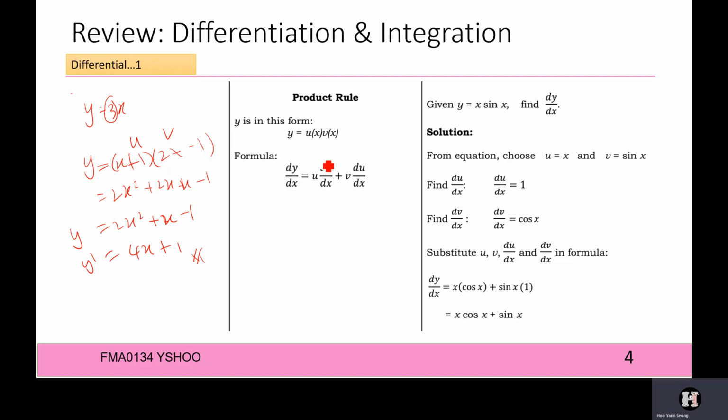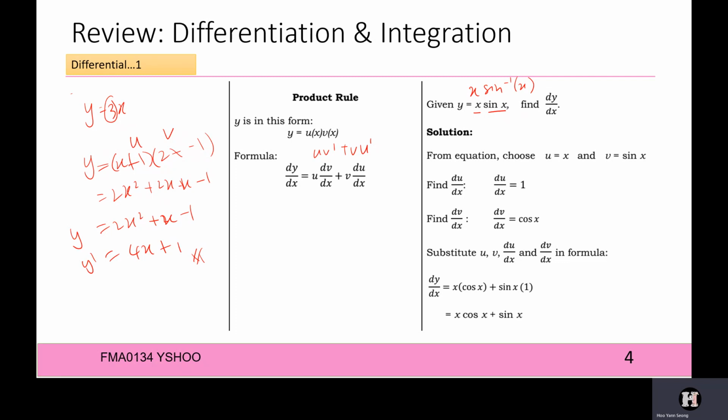Now I think you already memorized last time that when we have UV, the derivative is UV prime plus VU prime. They are the same. Now let us look at one of the examples, x and sine x. x is one function, sine x is another function. Regardless of what else you have, like sine inverse x also, your method is the same.